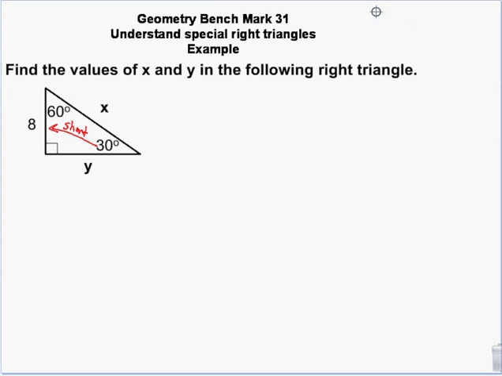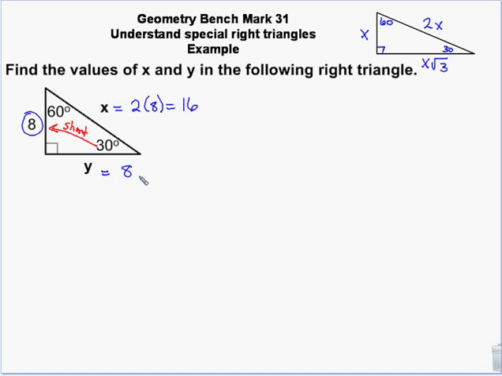So now when we have our pattern for a 30, 60, 90, that's x, that's 2x, and this is x times the square root of 3. So in this particular triangle, this is our x, that's our short leg. So this is going to be 2 times 8, which is going to be 16. And this one is going to be 8 times the square root of 3.